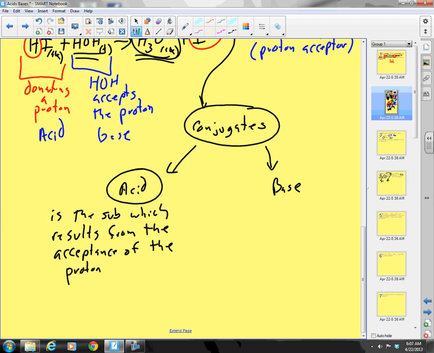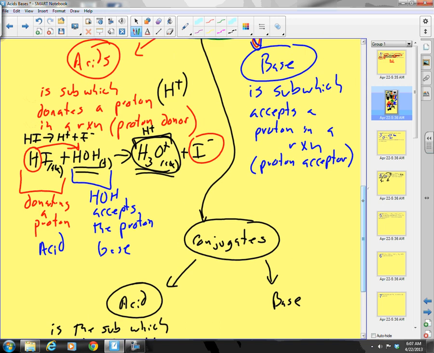You understand what I mean by this? Okay, we said that there is a proton acceptor and a proton donor. My conjugate acid is the substance which results from the acceptance of the proton. So over here we said what? Water is my proton acceptor. What happens to water after it has accepted it?